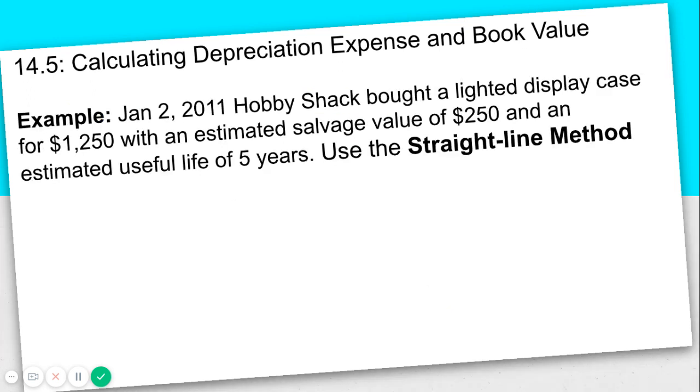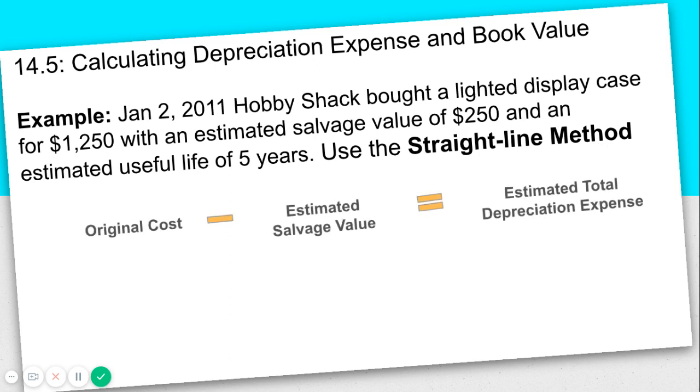Here's an example. On January 2nd of 2011, Hobby Shack bought a lighted display case for $1,250 with an estimated salvage value of $250 and an estimated useful life of 5 years. Use the straight line method. So we take our original cost minus the estimated salvage value to get our estimated total depreciation expense.